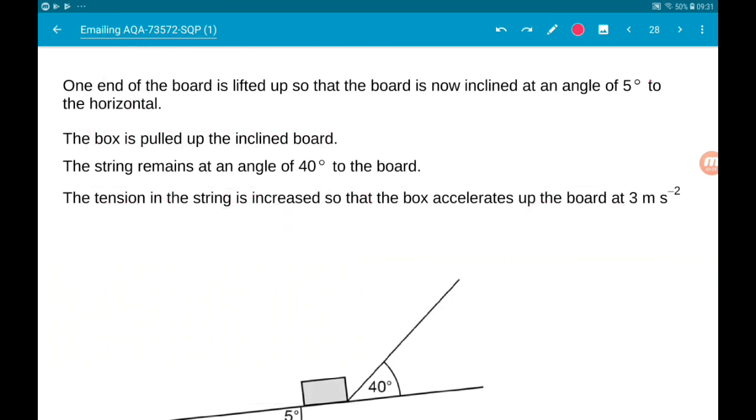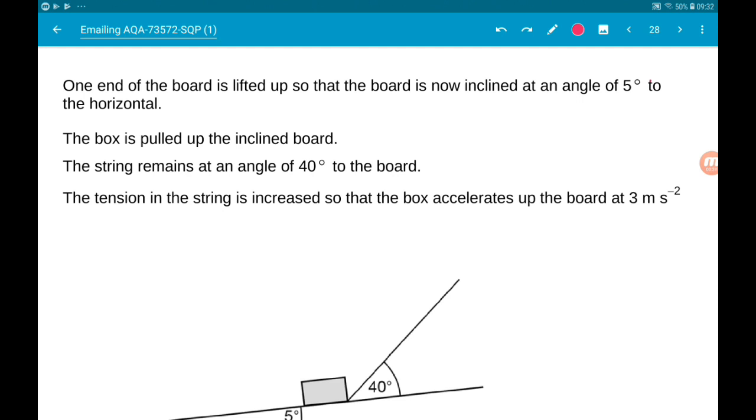16b. One end of the board is lifted up so that the board is now inclined at an angle of 5 degrees to the horizontal. The box is pulled up the inclined board. The string remains at an angle of 40 degrees to the board.